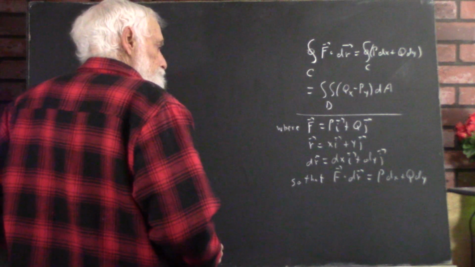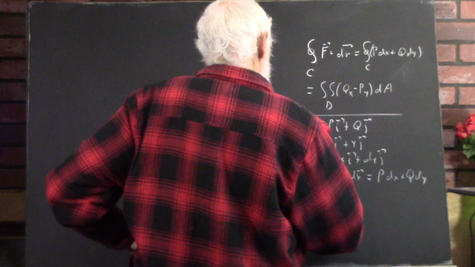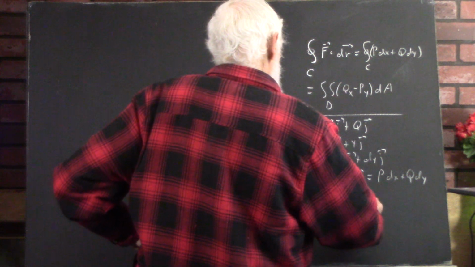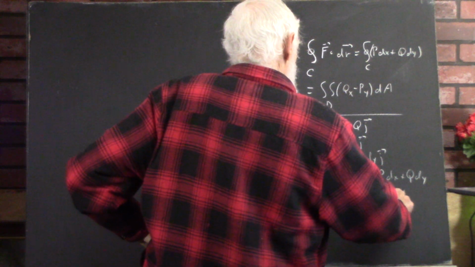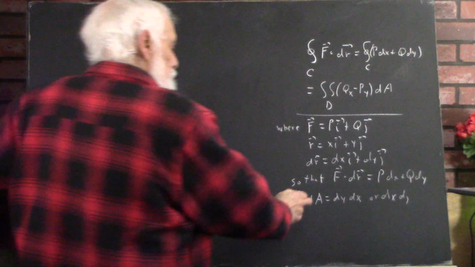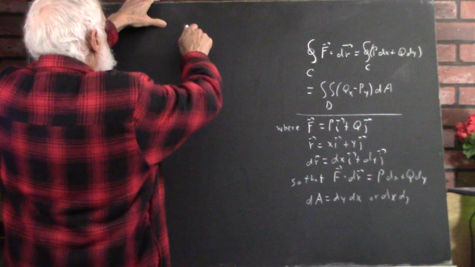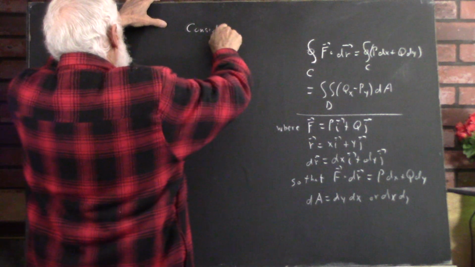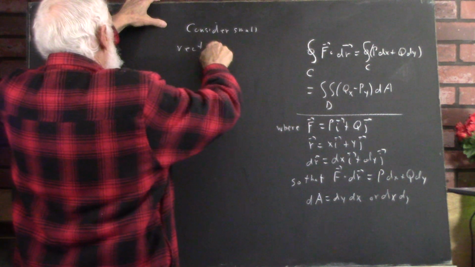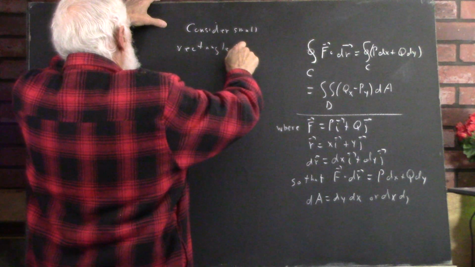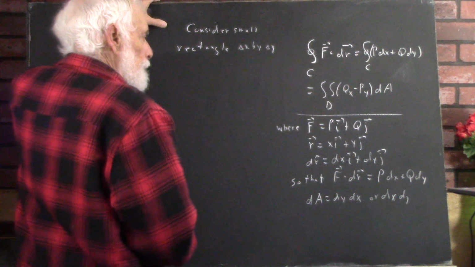And also, dA, your area increment, is just this. Okay, so we consider a small rectangle, delta x by delta y.